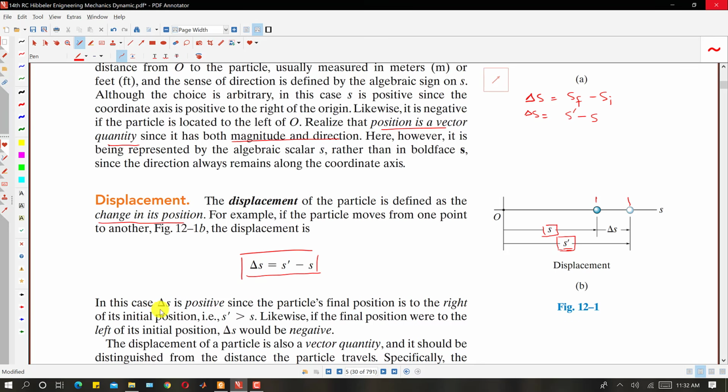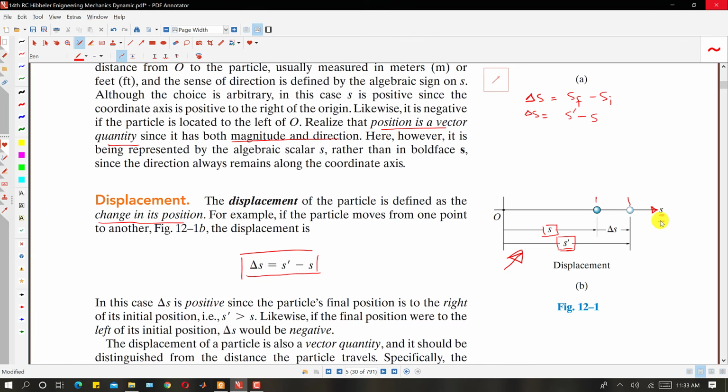So now in this case the delta S is positive since the particle's final position is to the right of its initial position, since we are considering that towards the right the particle motion is positive.